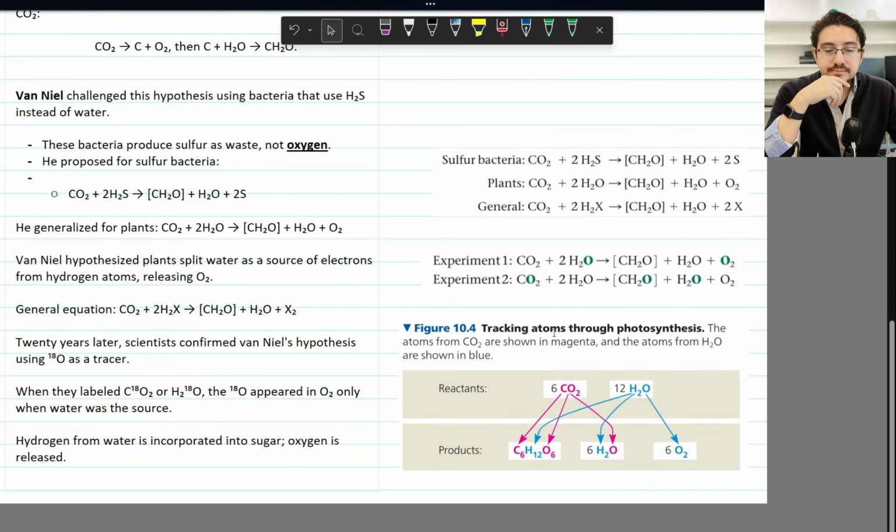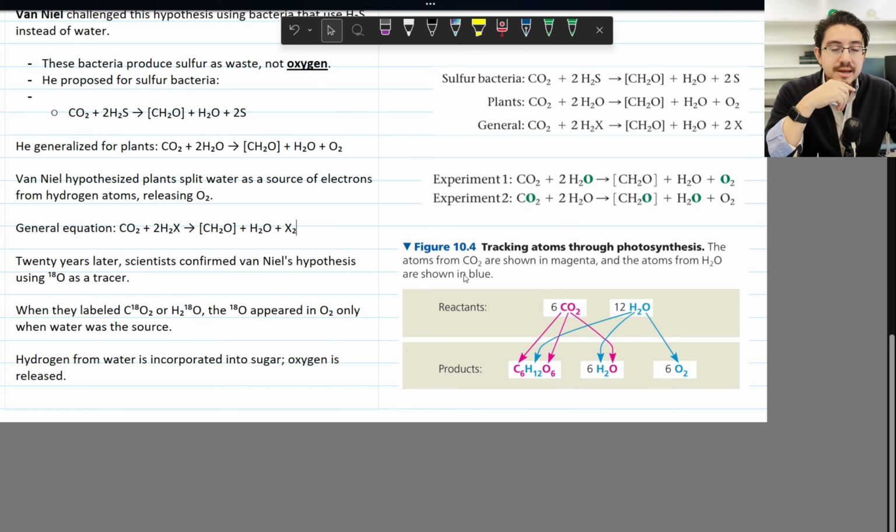So tracing atoms through photosynthesis, the atoms from carbon dioxide are shown in magenta, and the atoms from water are shown in blue. The carbon goes, of course, into the sugar. The oxygen from carbon dioxide goes also into the sugar and also into water. But the oxygen coming from water ultimately is liberated as oxygen gas.